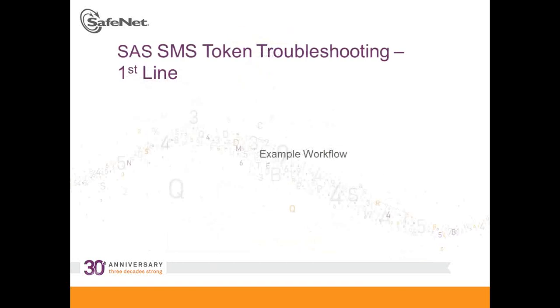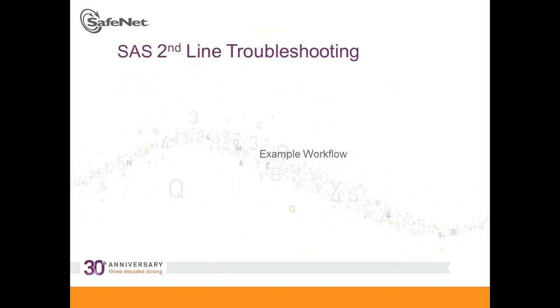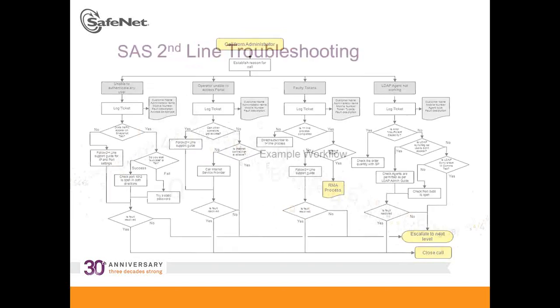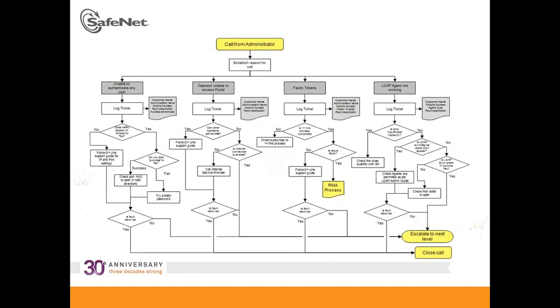The last example I want to show you before I wrap up this session is a second line troubleshooting example. In this workflow for a specific customer, we had some workflow regarding unable to authenticate any user, operators unable to access the portal.